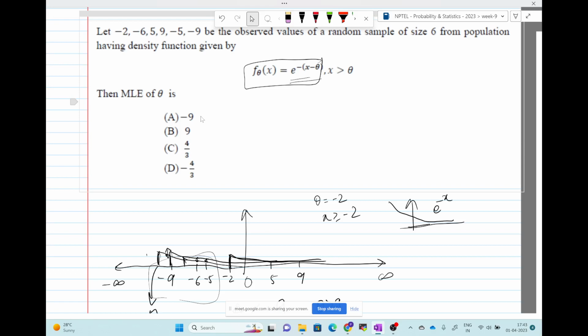What happens is f of theta will be 0 for every case. Then obviously dL, I mean the ln of that function, will not exist, right? Yeah, that is also there.